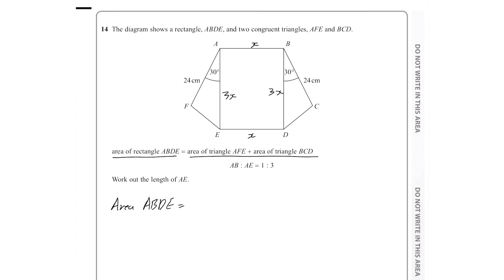So we know the area of ABDE is going to be 3x times x, which is 3x squared. Next, I know both triangles have the exact same area, so I can just find either one. It'll be the exact same for them.